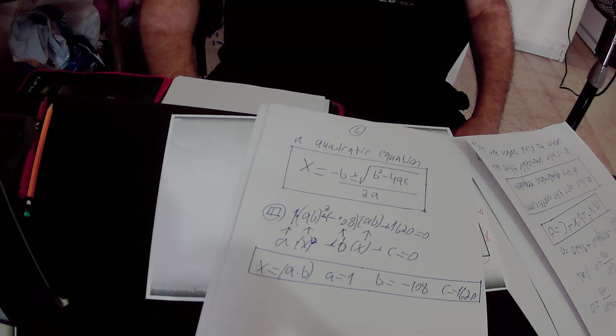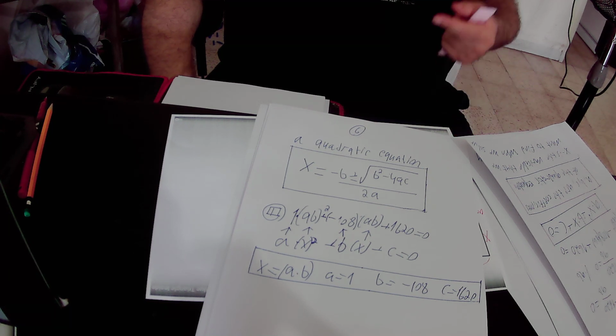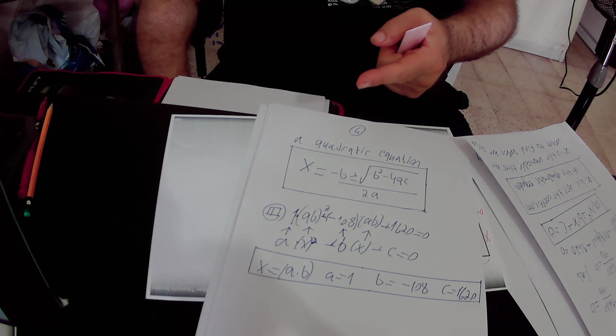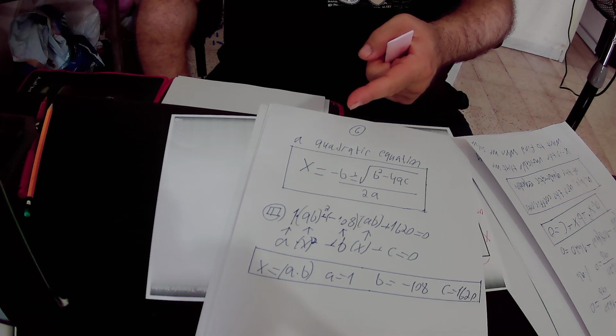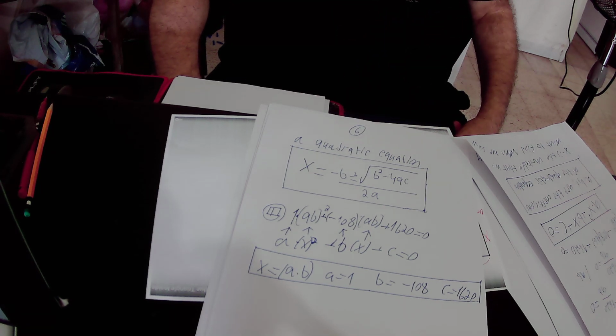Okay, so the next step is to use the equation for x in order to find out the value of AB, that is the area of the triangle.